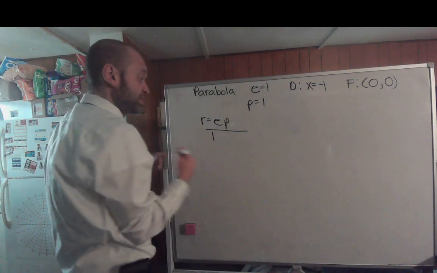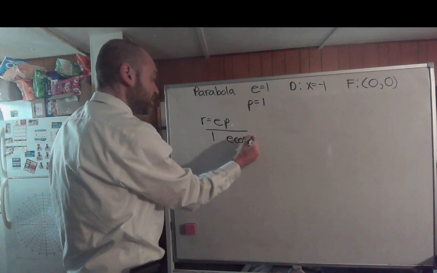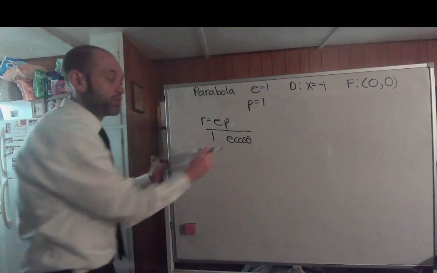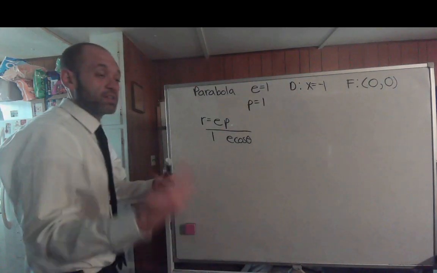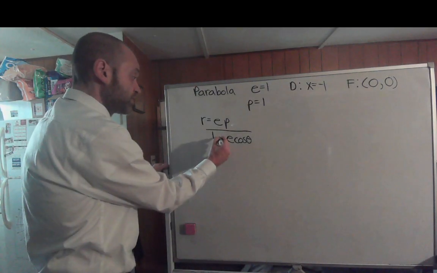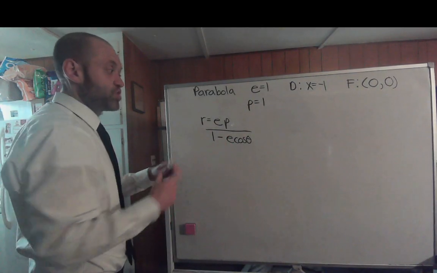If it's x-axis symmetry, it's going to be a form of E cosine of theta. Now, is it going to be plus or minus? Well, notice the directrix is to the left of the focus, to the left of the pole, so it's going to be minus. So now we've got a general form set up.